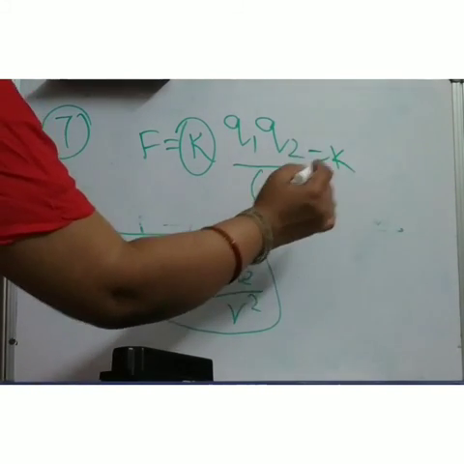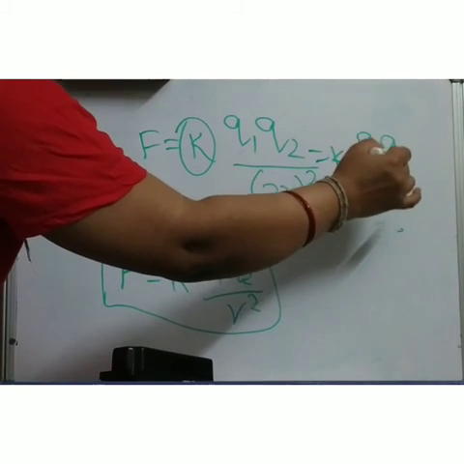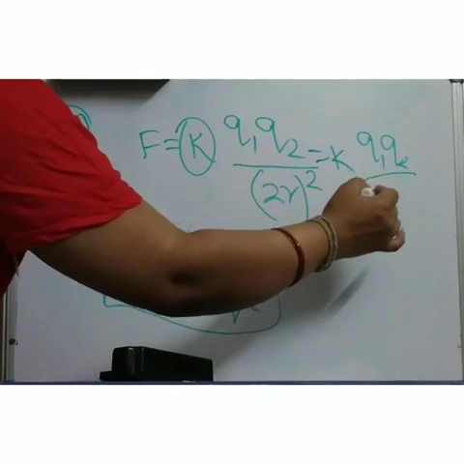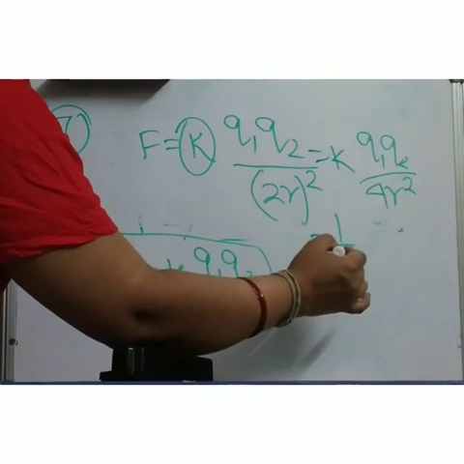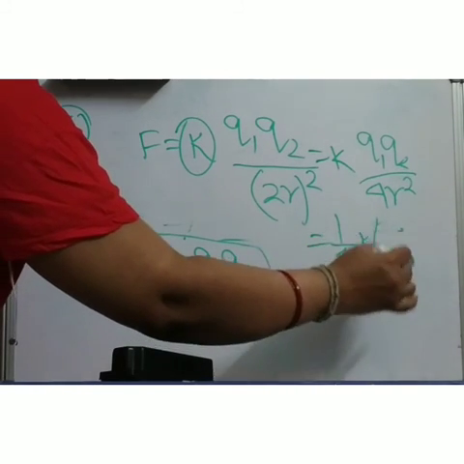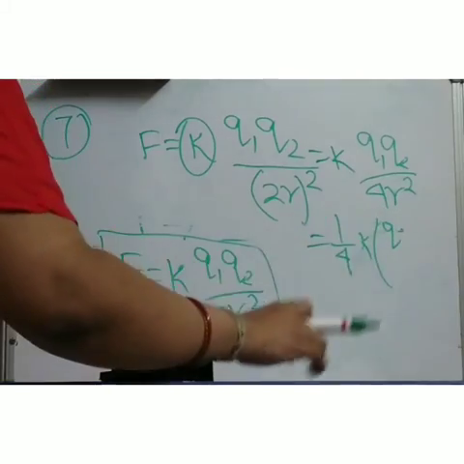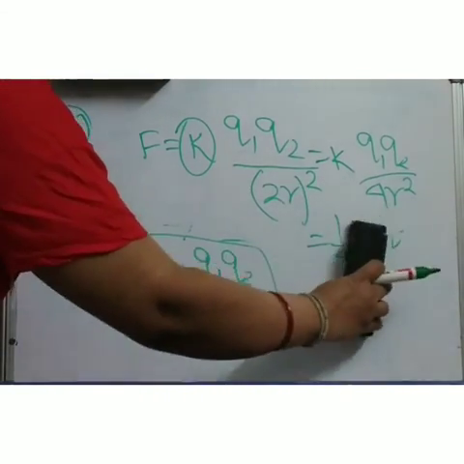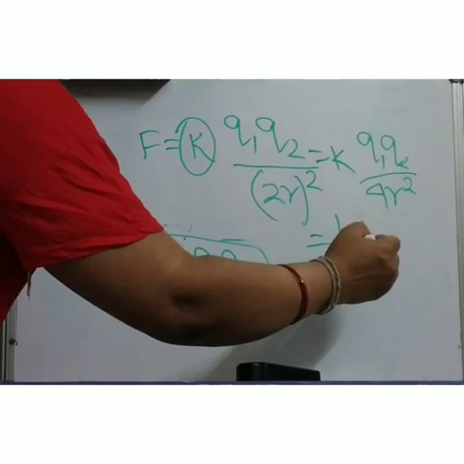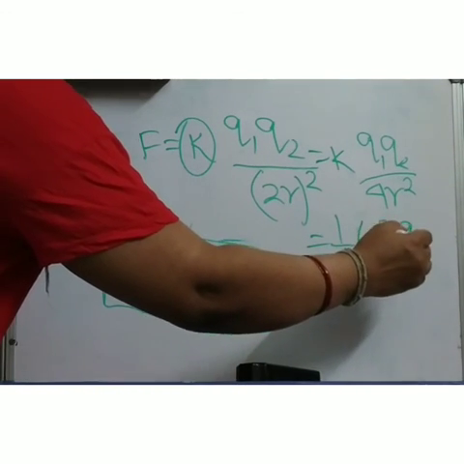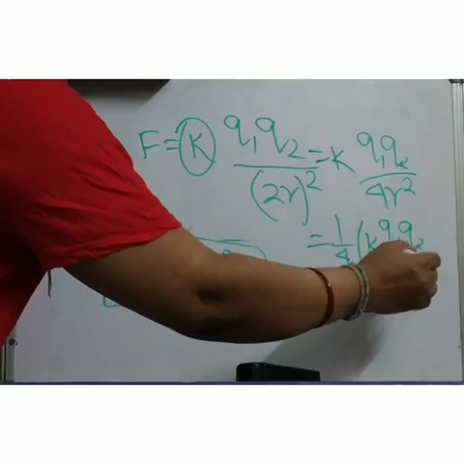So it will become K Q1 Q2 by 4R square. So easily you can write 1 by 4 of K Q1 Q2 by R square.